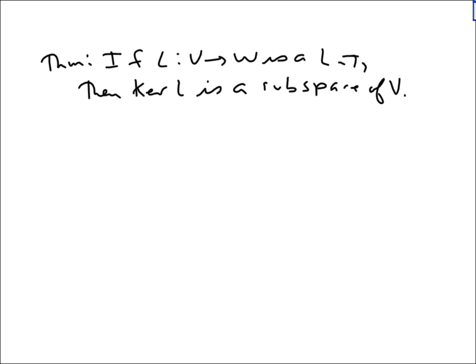Now, recall that L of the 0 vector in V is the 0 vector in W. And since V is a vector space, the 0 vector is in V. That is, the kernel is not empty.